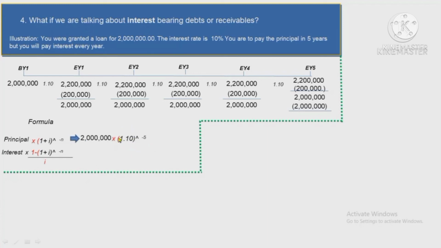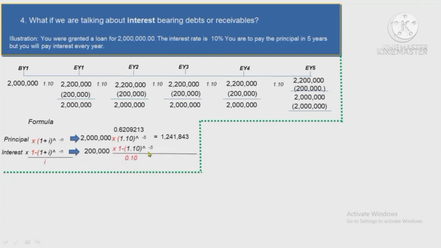If you're going to summarize this, then you're gonna get 0.6209213. So this one times this one, you're gonna get 1,241,843 rounded to the nearest whole number. And then as to the interest, you're gonna pay 200,000, the 10% from the 2 million. This is the agreed interest rate times the agreed principal. Sometimes this interest rate is also called the nominal interest rate.